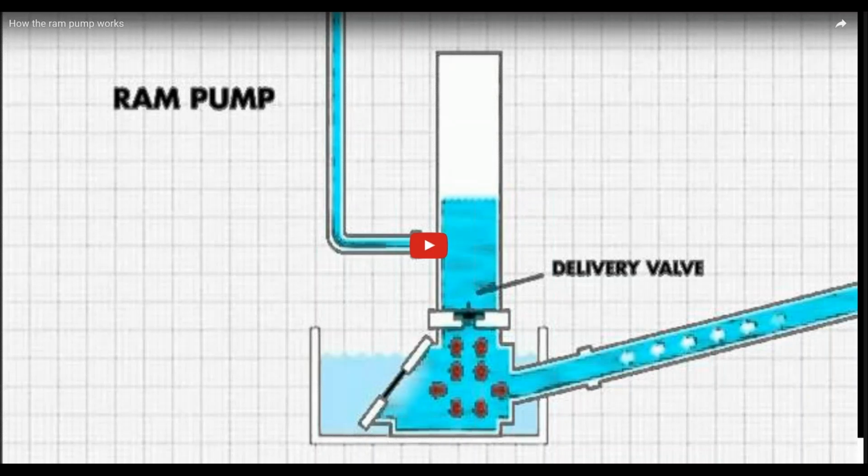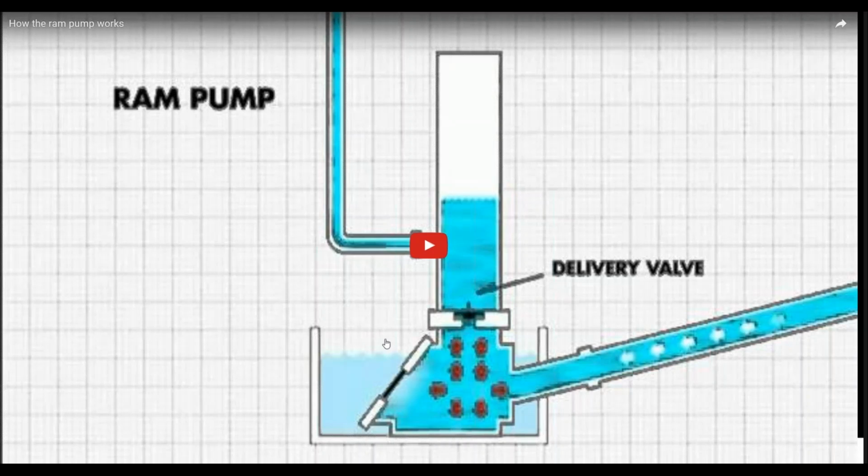When I show you the case study a little bit later on, you'll be able to see quite easily that there's water flowing out of the pump through the waste valve, and there's a big thing on top of the pump which is the pressure vessel, and you'll also be able to see the drive pipe and the delivery pipe.